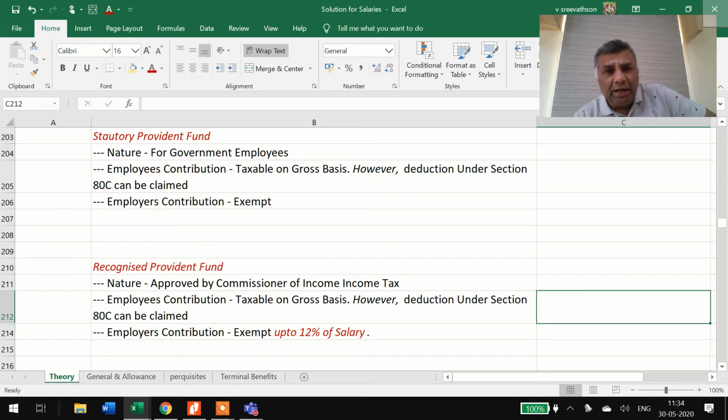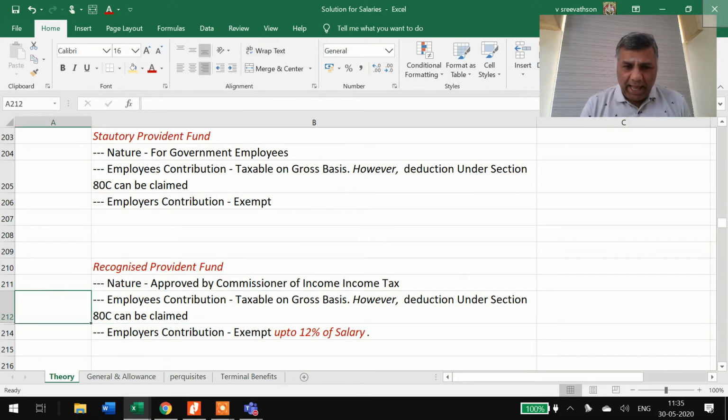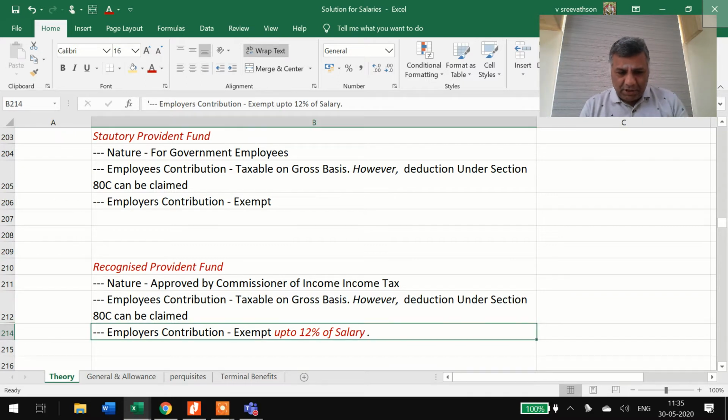It is only for the financial year 21-22, assessment year 21-22. It is not for financial year 19-20. So whatever you study is good understanding, good learning, but don't worry, it is not for your examination. So employer's contribution is exempt up to 12% of salary.